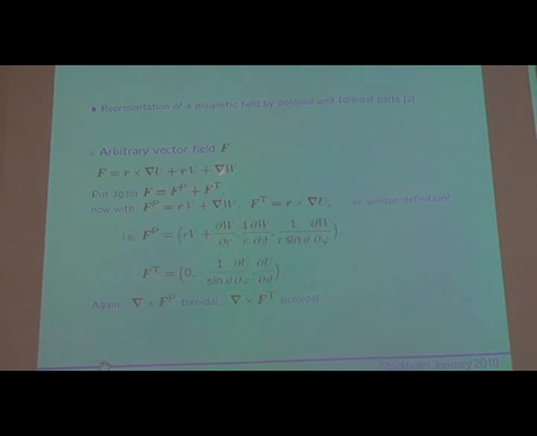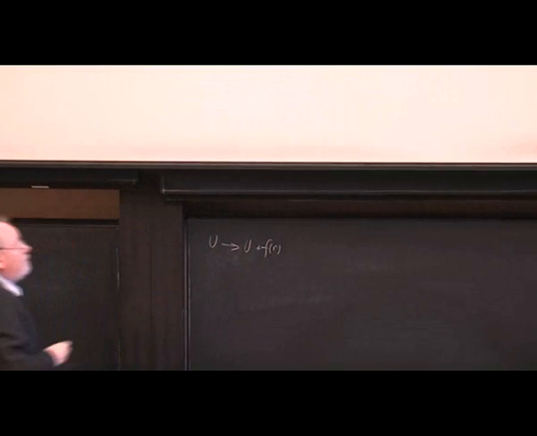Why is it a unique definition? You have to study the gauge possibilities here. You can transform u into u plus a function of r.